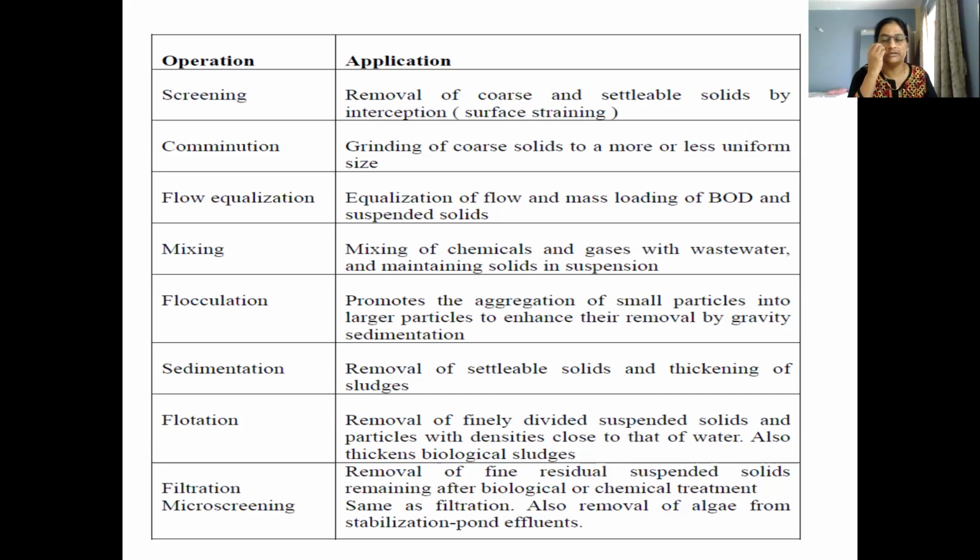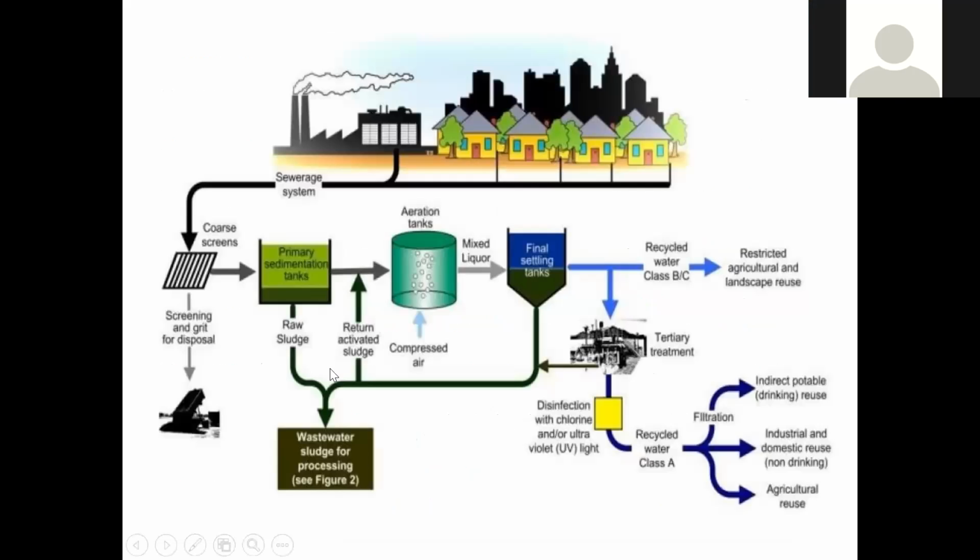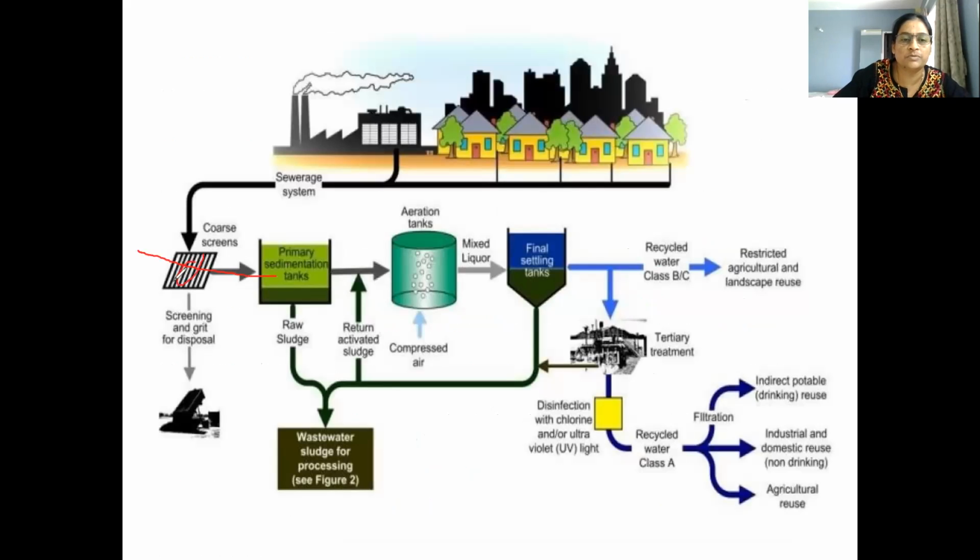Okay, are you understanding this? So I will explain with this figure. You can see here the screening provided. Wastewater will come from this side, and when it is passing through this, it will remove the larger size particles over here. If a comminutor is provided, in that case, the wastewater will be allowed to pass another way also, and here the comminutor will be provided.